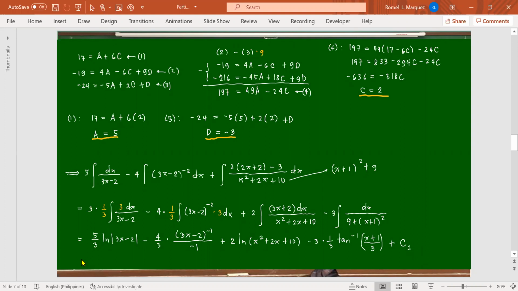So simplifying further, we get 5 over 3 ln of absolute value of 3x minus 2, and then plus 4 over 3 times 3x minus 2, and then plus 2 ln of x squared plus 2x plus 10.